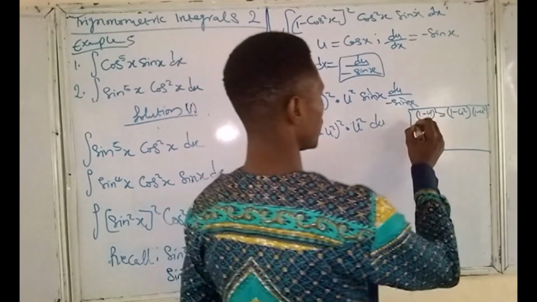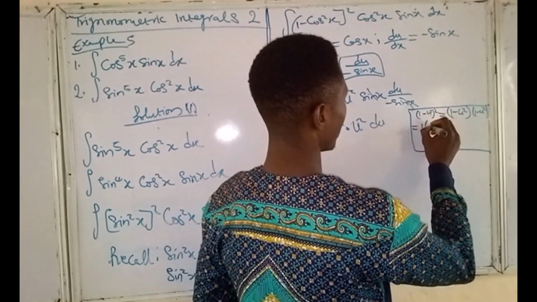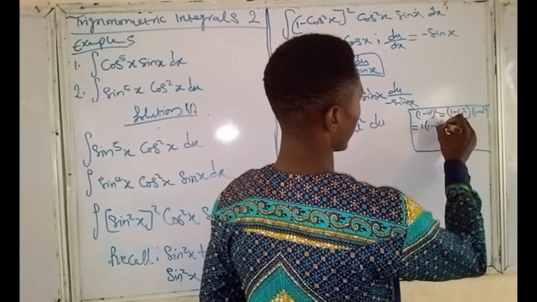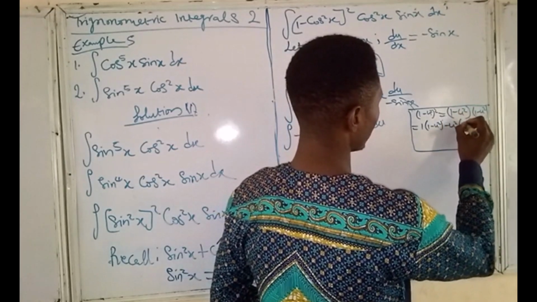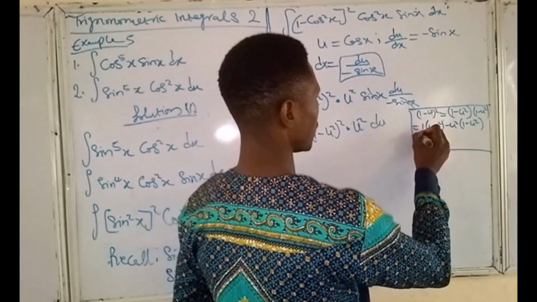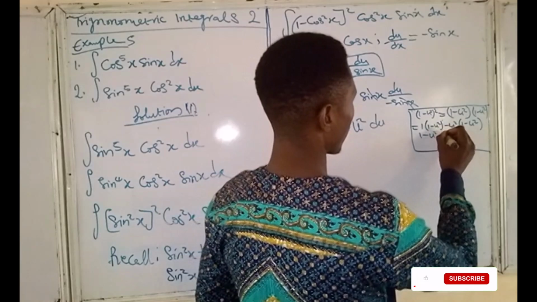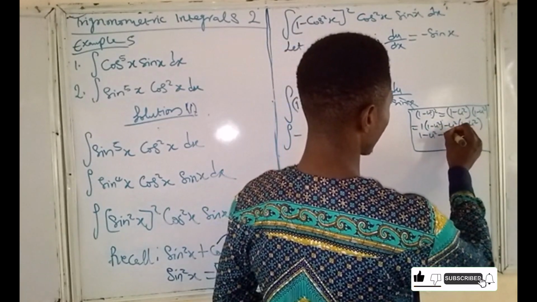Okay? So this should be equal to, we use one bracket to expand the other, 1 into 1 minus u². The next is minus u² into 1 minus u². So 1 times 1 is 1. 1 times minus u² is minus u². Minus u² times 1 is minus u².